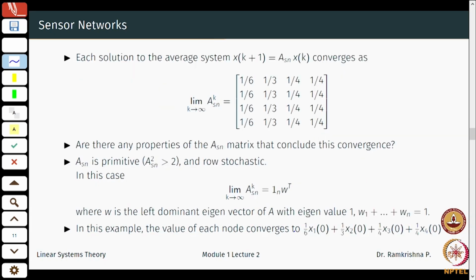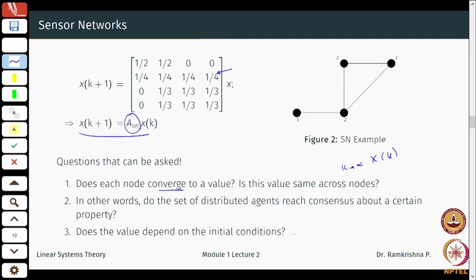Okay. So, it turns out that if I compute this A power k, why does A power k come here? It is simply because of this. x1 is A x0, x2 is A x1, this is A square x0, similarly x3 would be A cube x0 and so on.